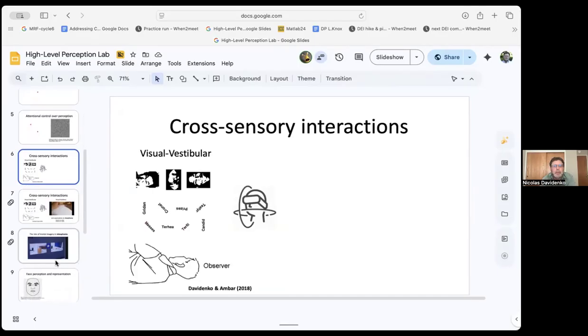I also mentioned that I'm interested in the ways in which the vestibular system interacts with the visual system. So this is a cartoon of one of my studies, where we have people try to perceive information like faces or words in different orientations.